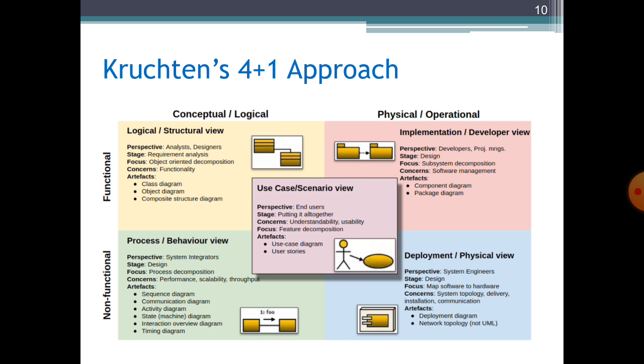We utilize this view in the requirement analysis stage, and we focus on object-oriented decomposition. This view provides the functional perspective of the system. Class diagrams, object diagrams, and composite structure diagrams can be utilized as artifacts in this view. Students, I already explained these diagrams in our lecture number 18, but here we are discussing this 4 plus 1 view model in terms of documenting software architecture.